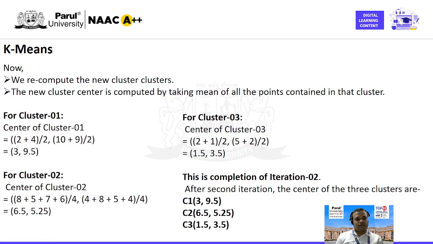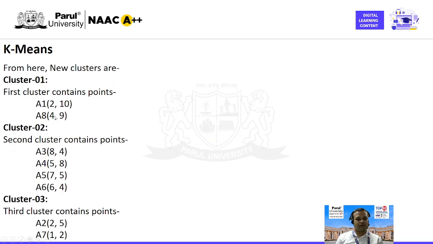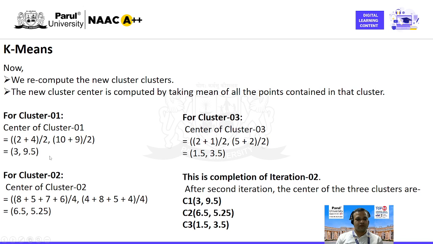Now we recalculate the new cluster centers. The new cluster center is computed by taking the mean of all these points, as we calculated in the previous slide. So for new cluster 1, we use (2 plus 4) upon 2, (10 plus 9) upon 2. You will get the new center of cluster number 1: 3 comma 9.5.